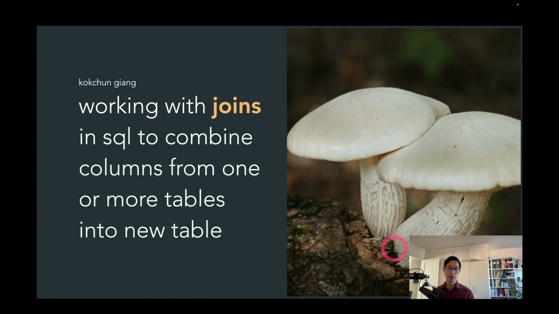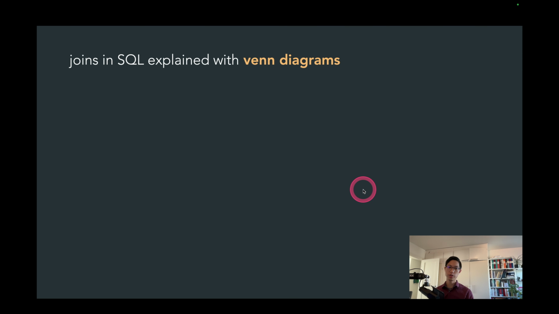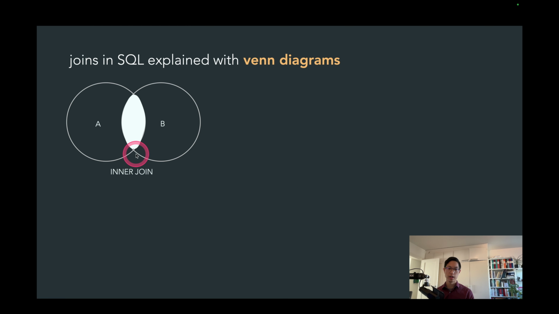Working with joins in SQL: to combine columns from one or more tables into a new table. Note we're working with tables now, not result sets. Joins in SQL are explained with Venn diagrams, similarly as before. Here we have inner join, where we have table A and table B. So it's not result sets, it's tables.